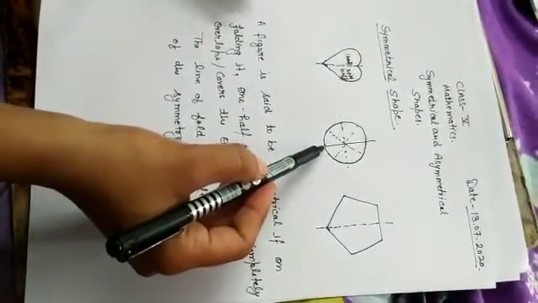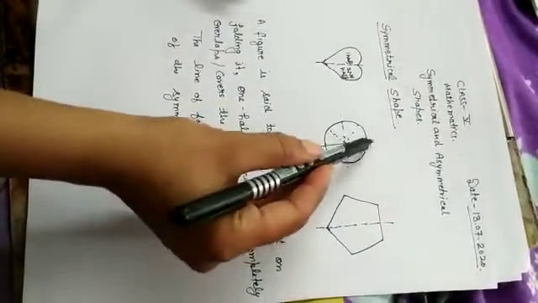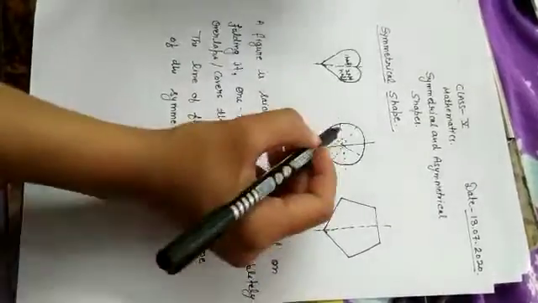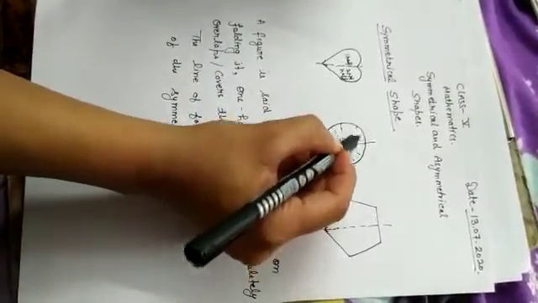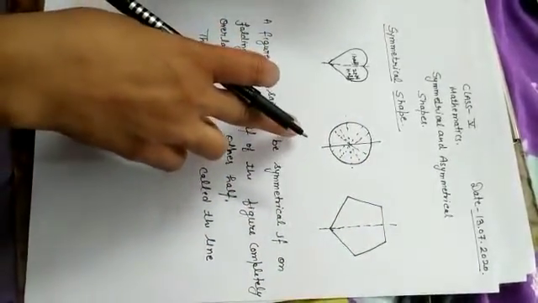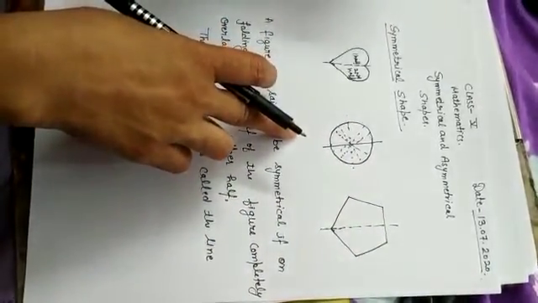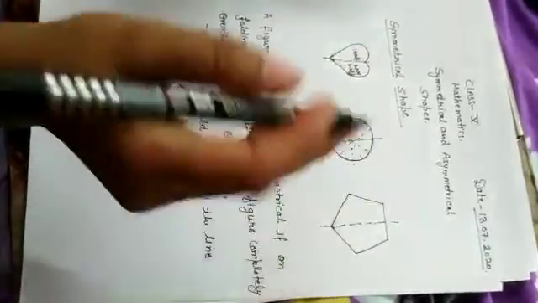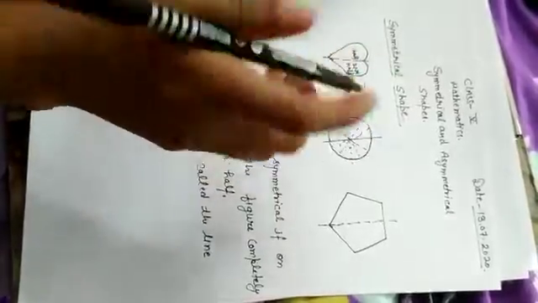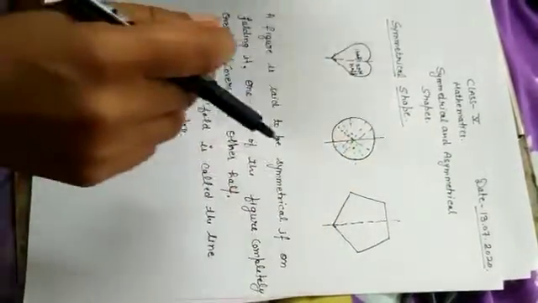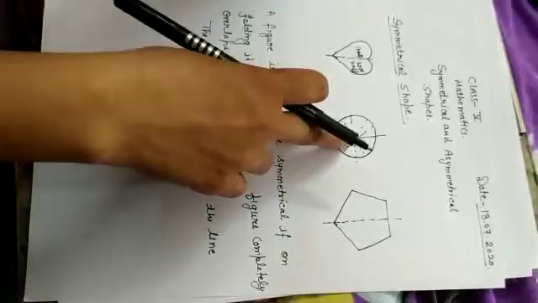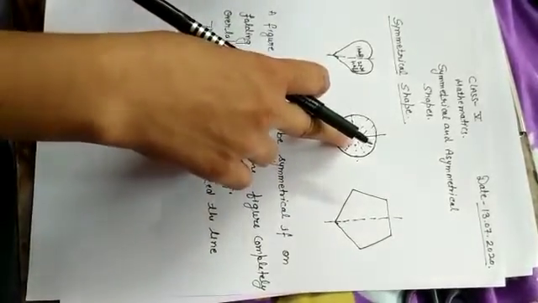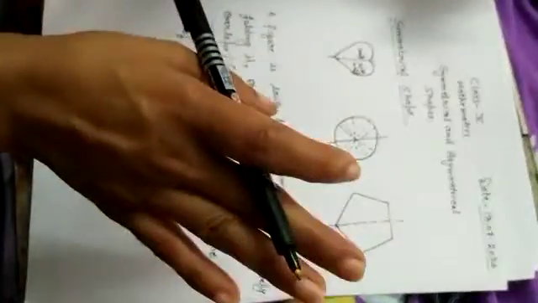And now the figure of a circle. When we fold the circle on the dotted line, we find that any line which passes through the center of the circle makes one half cover the other half completely.